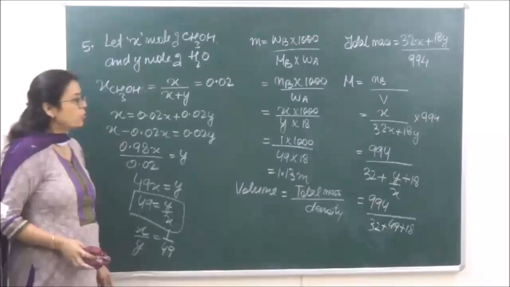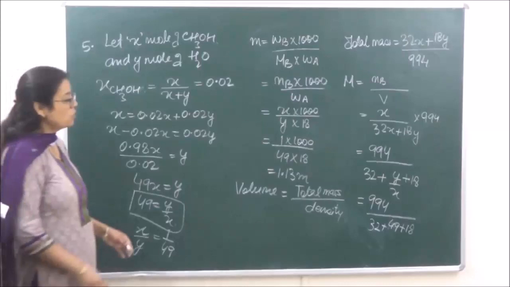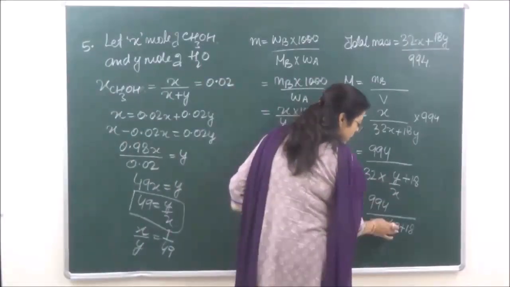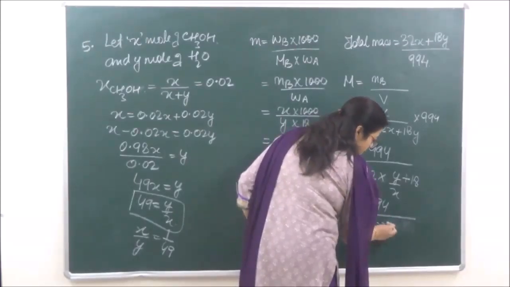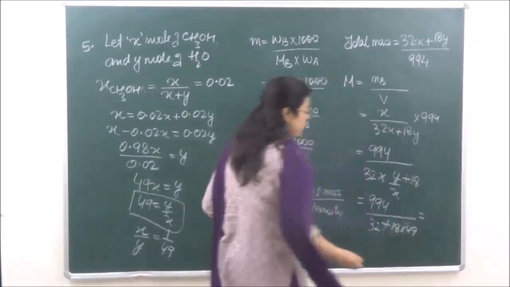994 we have already multiplied. So 994 upon 32 plus 49 plus 18. This comes equal to what? 1.0875. I made a mistake here too, into will come. Into 49.